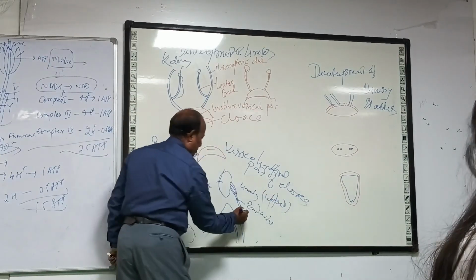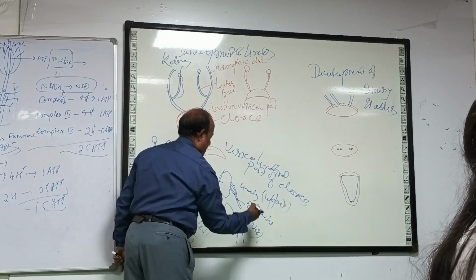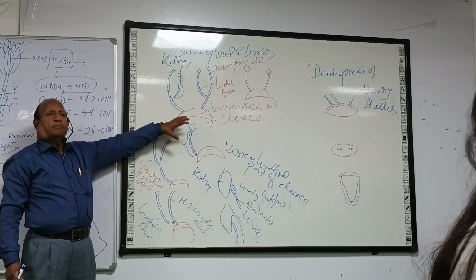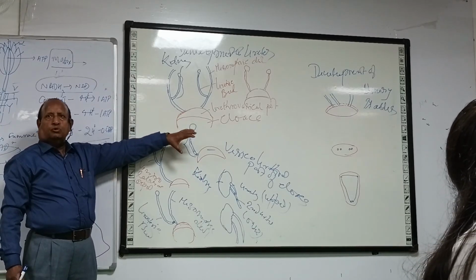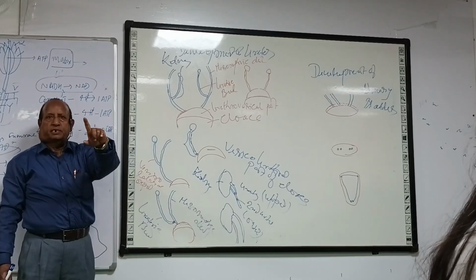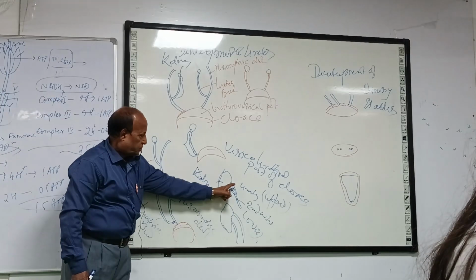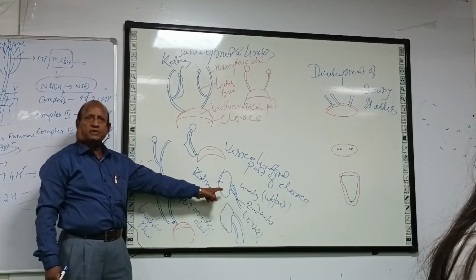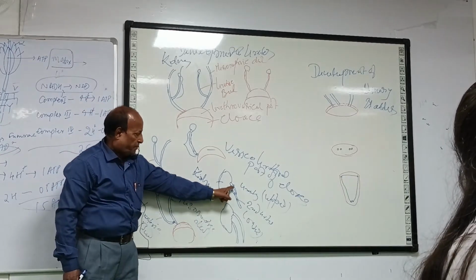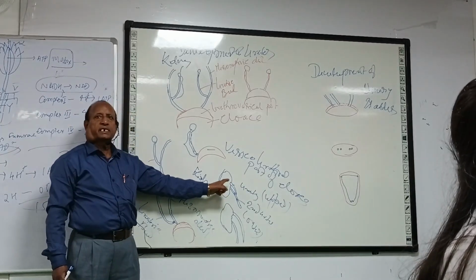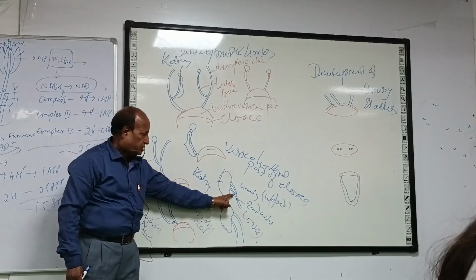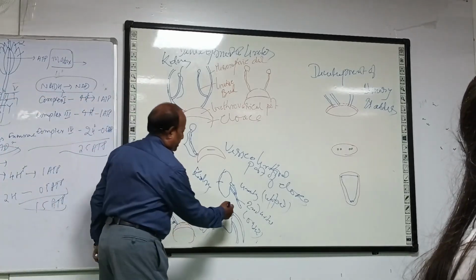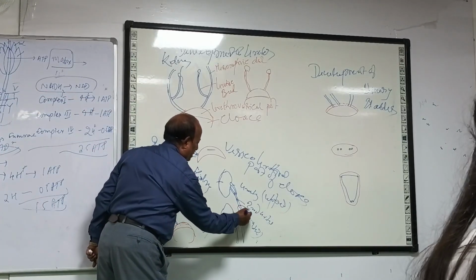So in this diagram, this is the upper ureter and the second is the lower ureter. We see that this upper ureter coming from the kidney opens into the second or the lower ureter, and this lower ureter opens into the urinary bladder.